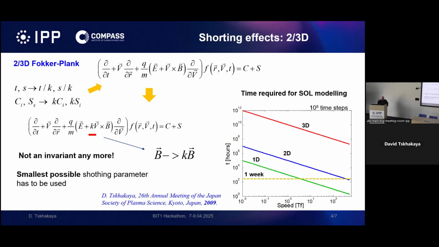So in reality, the simulated device is a very small 2D tokamak, and this parameter is not properly resolved. At that time, in my invited presentation in Japan, I just drew our capabilities. I was simulating a low density machine, and I said we need 10 to the 8 time steps.